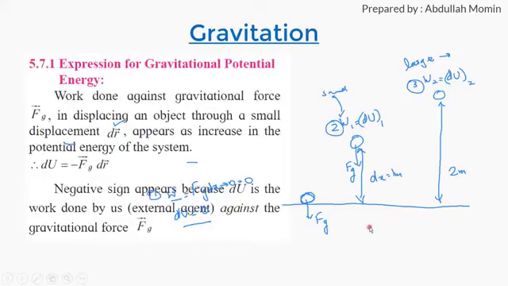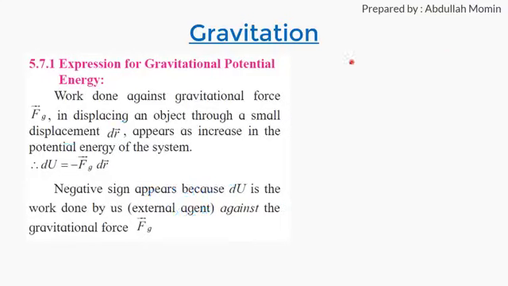So now let us see this derivation. Expression for gravitational potential. Work done against the gravitational force Fg in displacing an object through a small displacement dr appears as an increase in the potential energy of the system.